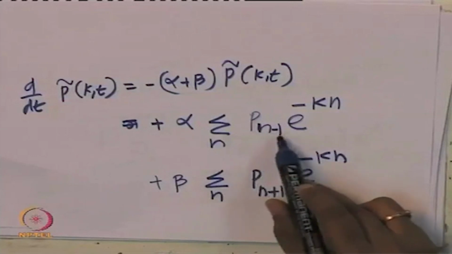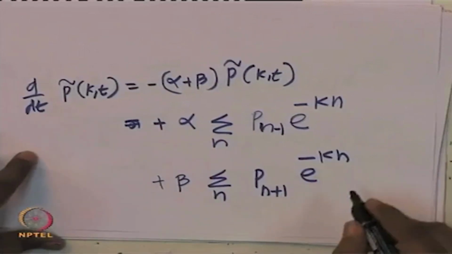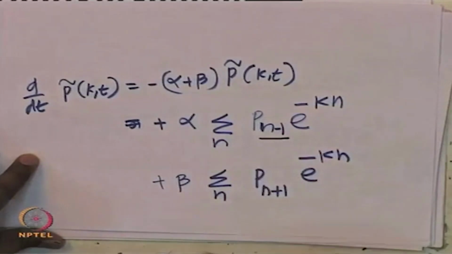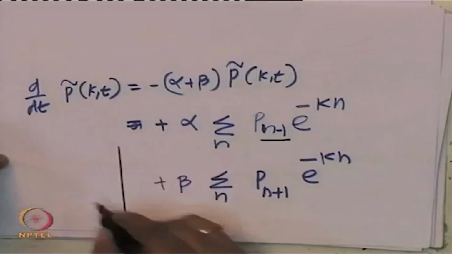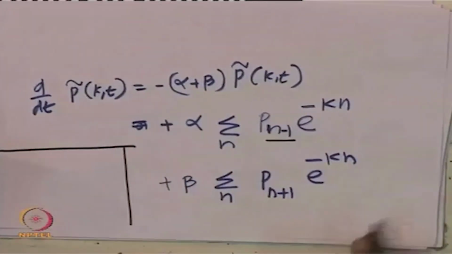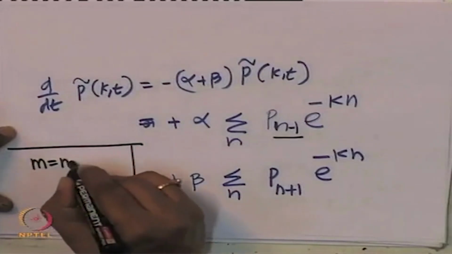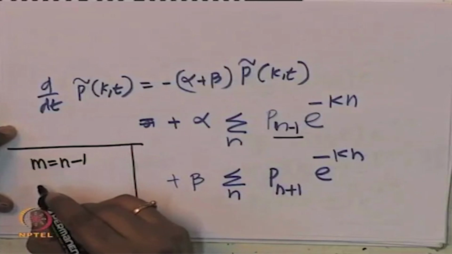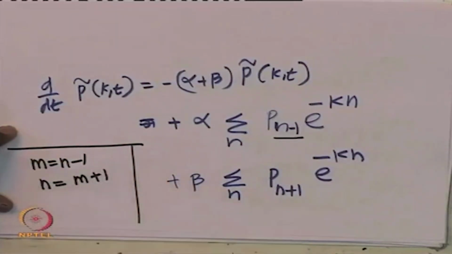So, I can do a small trick here. The trick is, let me define m is equal to n minus 1. So, let me define n minus 1 as m. If we define m is equal to n minus 1, what is n? n is equal to m plus 1.